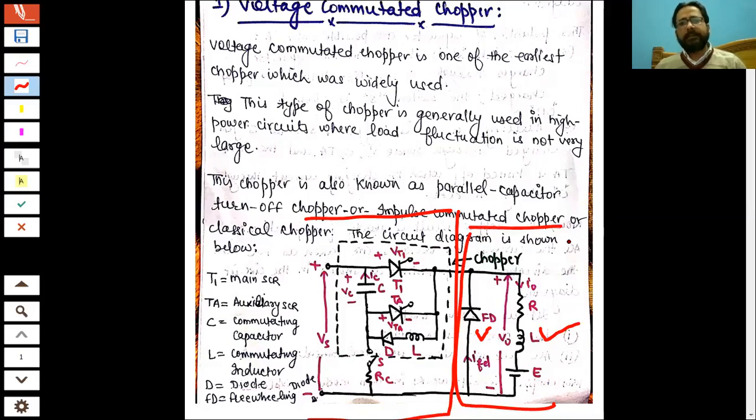When the load is completely cut off from the supply, it means the load current does not flow from the supply. So in this case, whatever current is stored in the inductor flows through the freewheeling diode in form of load current. Okay, it dissipates like this.